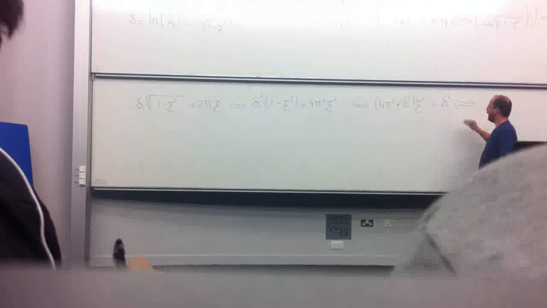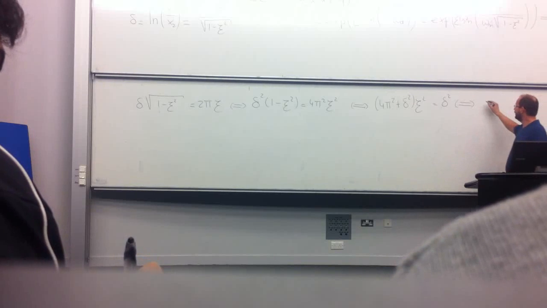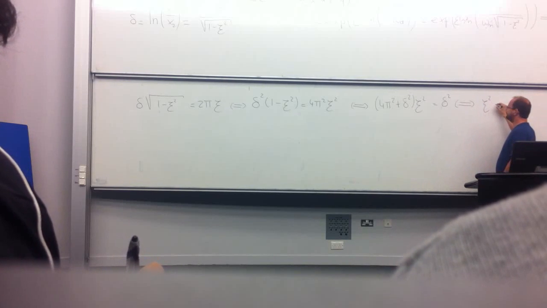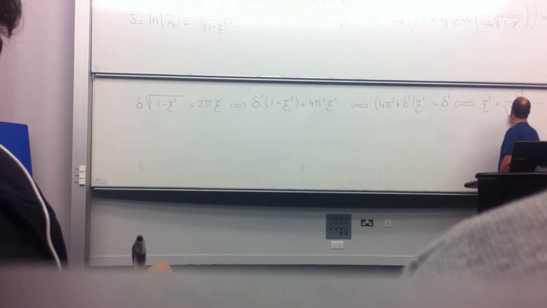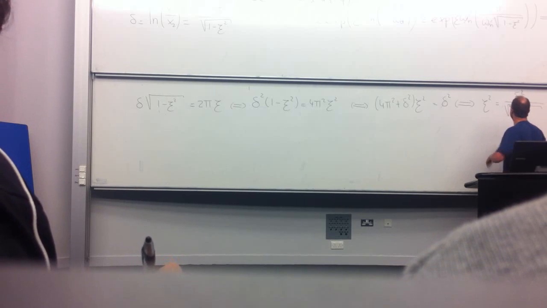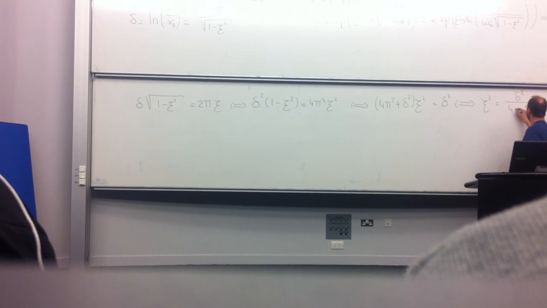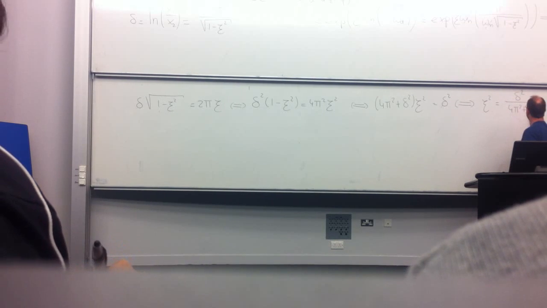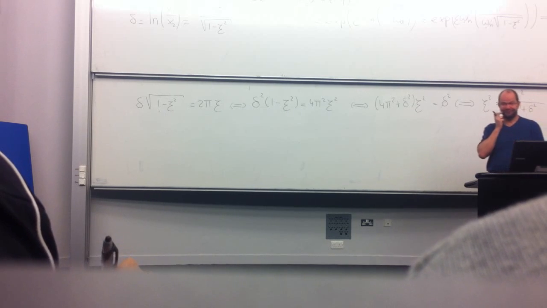And now divide everything by 4 pi squared plus delta squared, and you find theta squared is equal to delta squared divided by, not square root yet, divided by 4 pi squared plus delta squared.